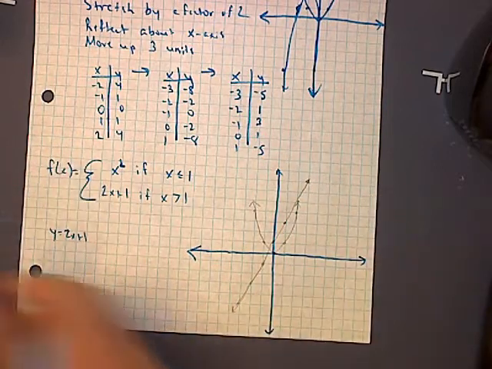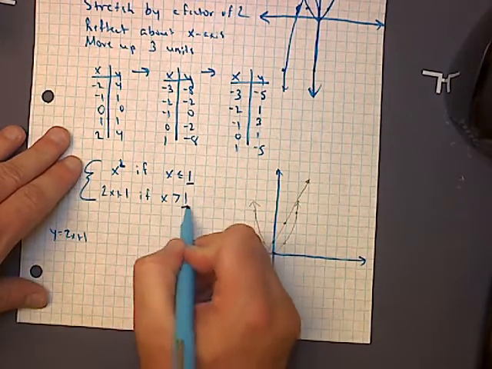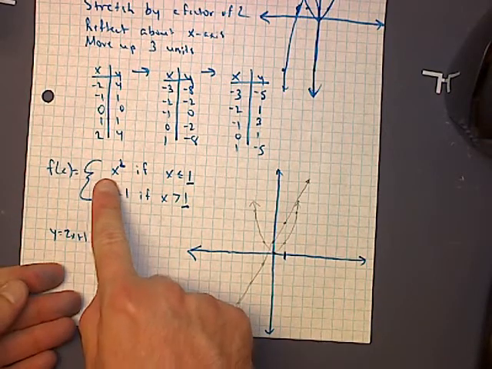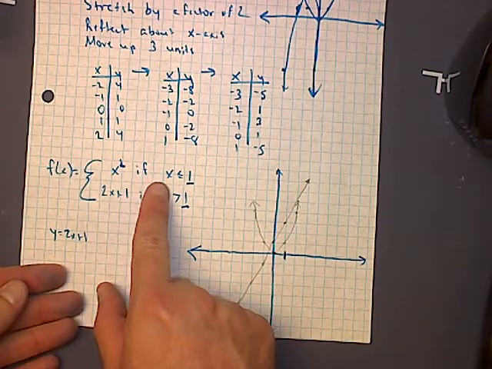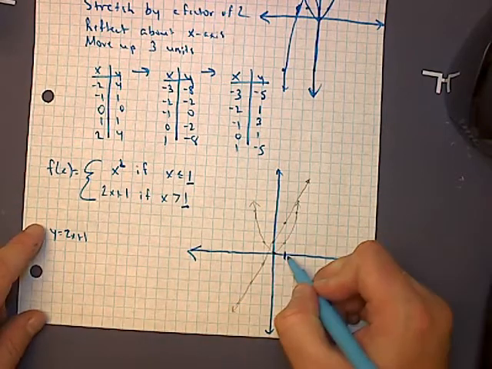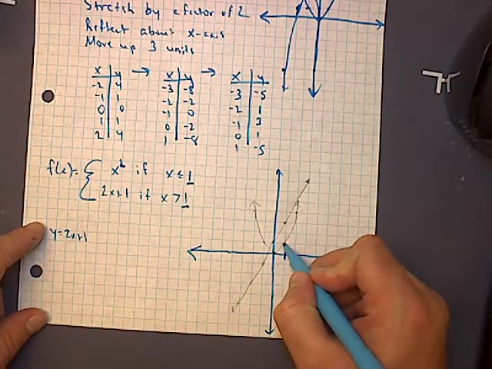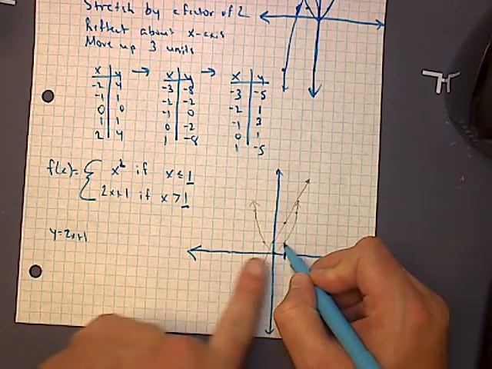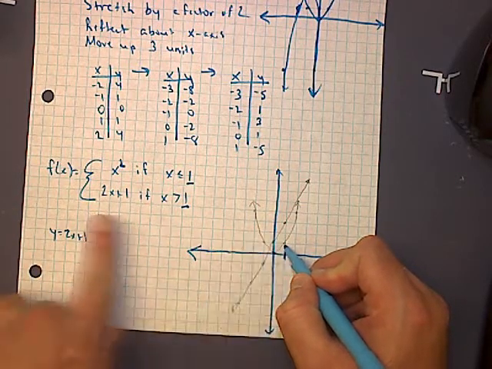Okay, now let's look at our number that's important. Something's going on at 1. I'm going to come over here to 1. Now, it's saying on this first piece, the quadratic, for all x values less than or equal to 1. So if I go right here, and I go up to where it hits this function, it wants all x values less than or equal to 1. That is this way.